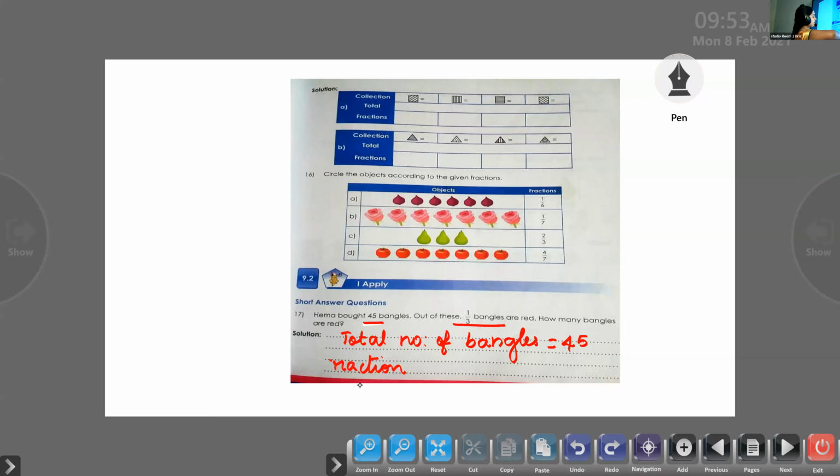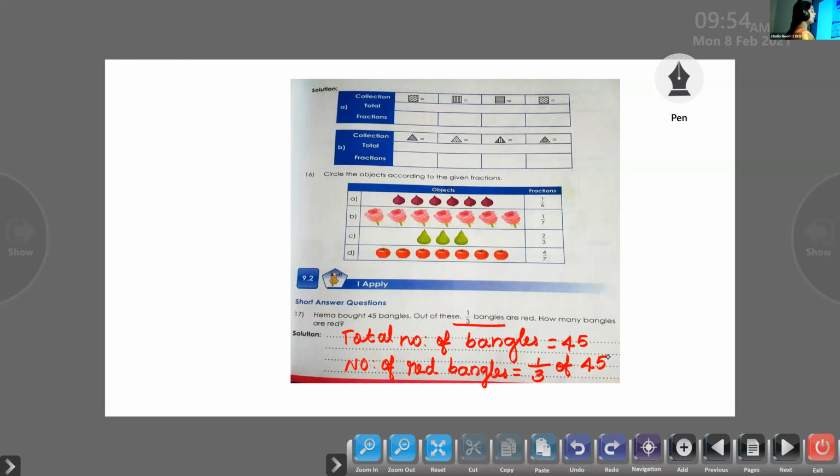Number of red bangles, that is enough. Number of red bangles equal to 1 by 3 of 45, since 1 by 3 of 45 bangles are red.